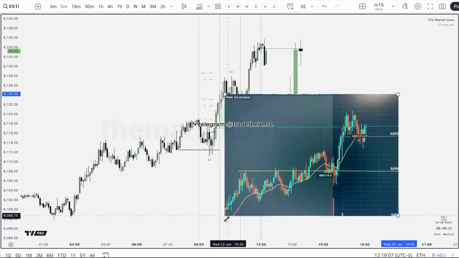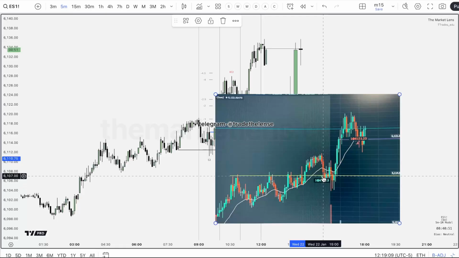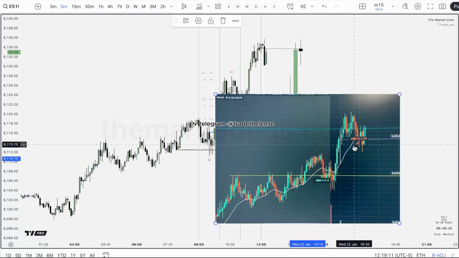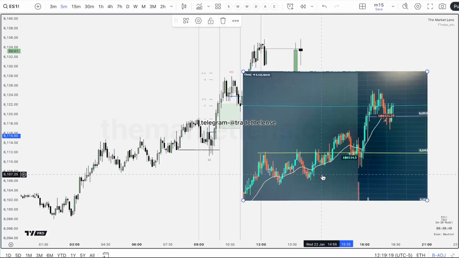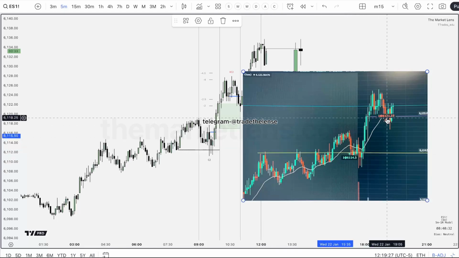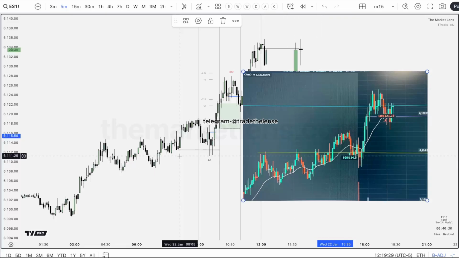Oh, you entered here, and then sold there. Is that correct? I'm just a little confused on the model, because to me it looks like you entered on the retest of these highs right here, and then sold here, which is not what my model does.